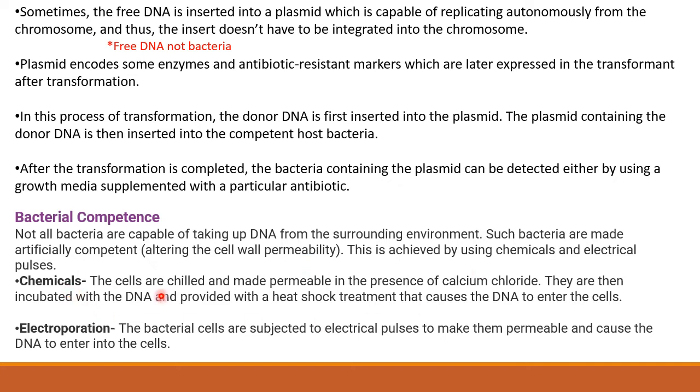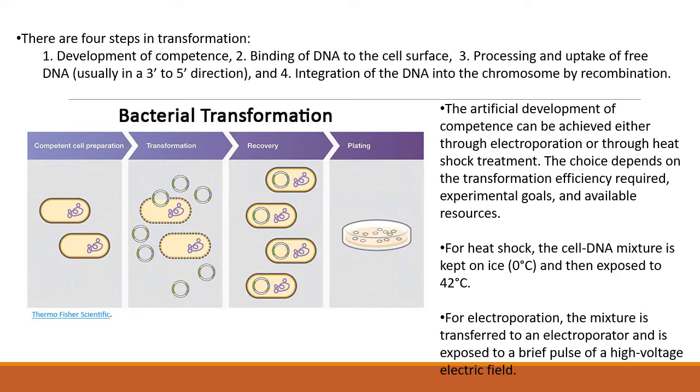In case of chemicals, the cells are chilled and made permeable in the presence of calcium chloride. They are then incubated with the DNA and provided with a heat shock treatment that causes the DNA to enter the cells. Electroporation is another technique where bacterial cells are subjected to an electrical pulse or pulses to make them permeable and cause the DNA to enter into the cells.